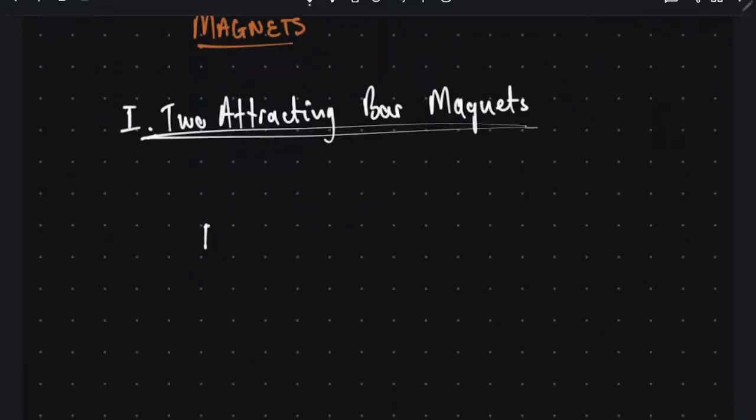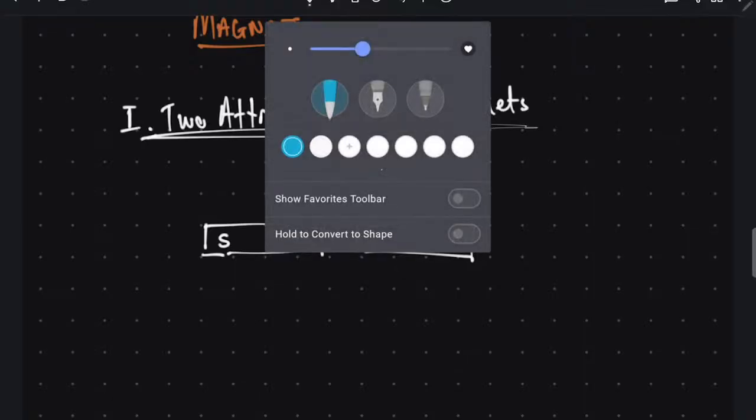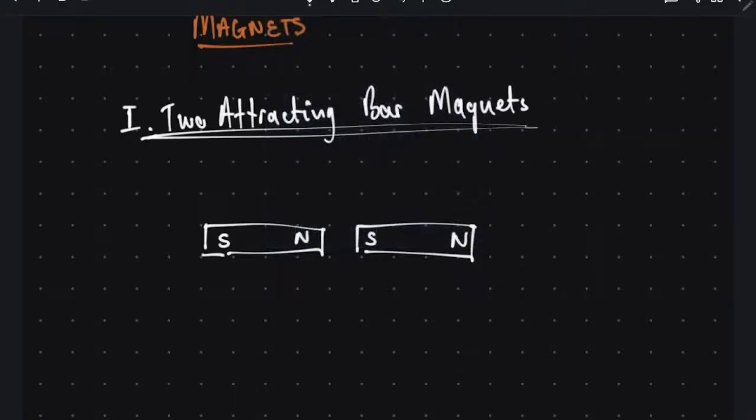Here's one. Here's another. North and south, okay? The only way they attract is when they have opposite poles. We already know that. So what do you know when you're drawing these field lines? They must already be coming into south, leaving the north. So now we have between 2.